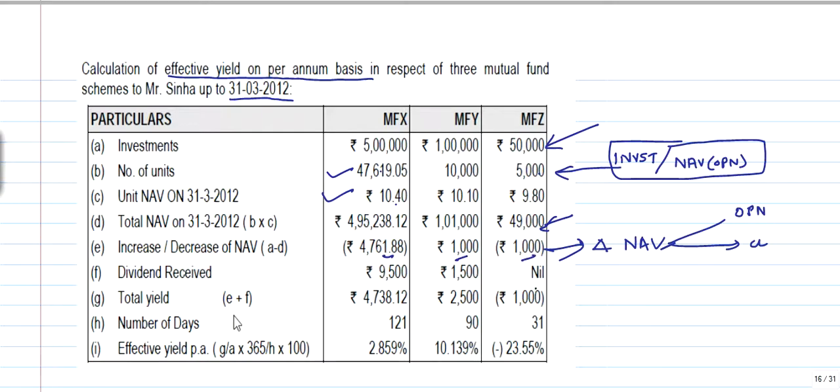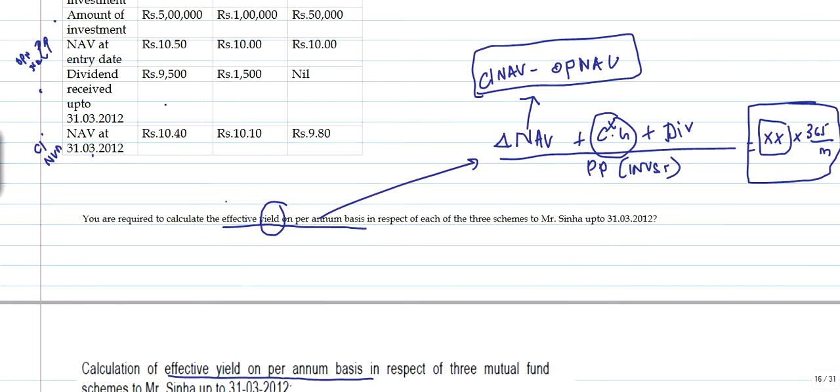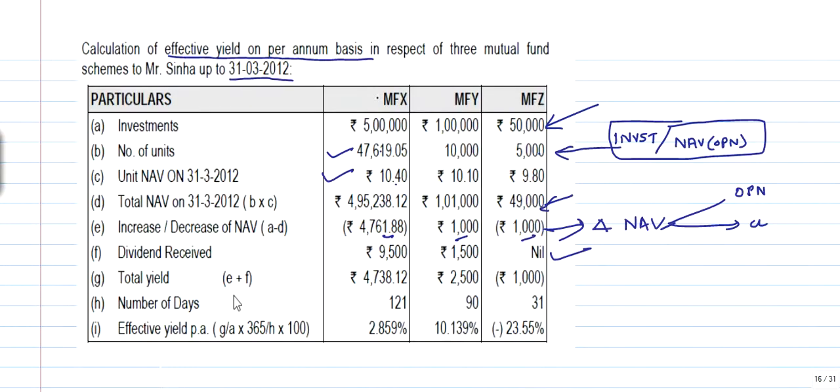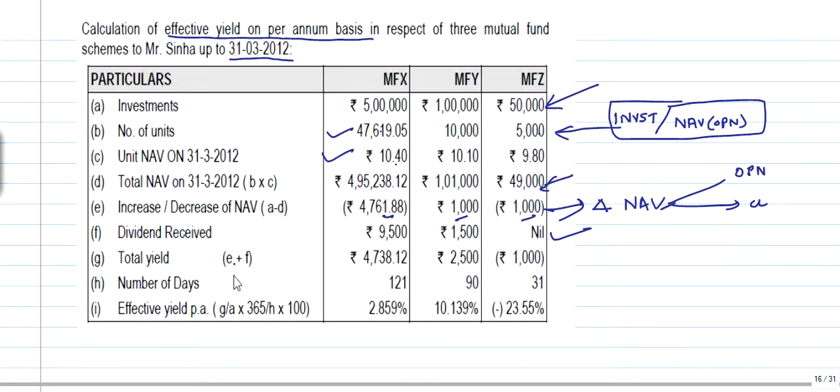We have dividend received, this is also given. So whatever the total yield changes, we have two things, appreciation of NAV and the dividend received. This will be the yield. This plus this.